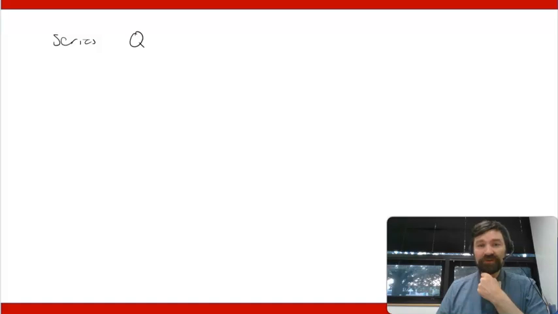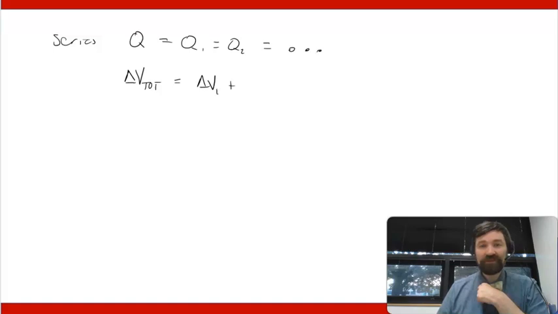So my total charge for the series is Q. And so Q is equal to Q1 is equal to Q2 is equal to ... My total voltage drop is actually the sum of the individual voltage drops. All right. So if I wanted to do my total, I could say it like this.